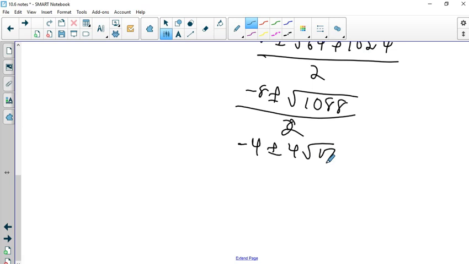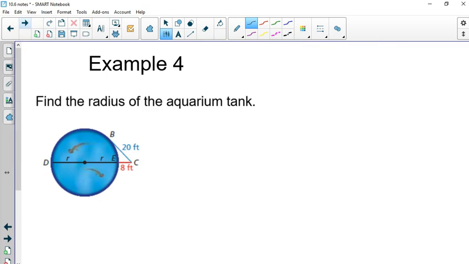Which is not going to be a whole number, obviously, but we can just type it into our calculator, and we're not going to do the negative because we only want a positive value because we're doing measurements. So when we do that, x is going to be approximately 12.49. And that's what RS is, 12.49 or 12.5. I would accept either.